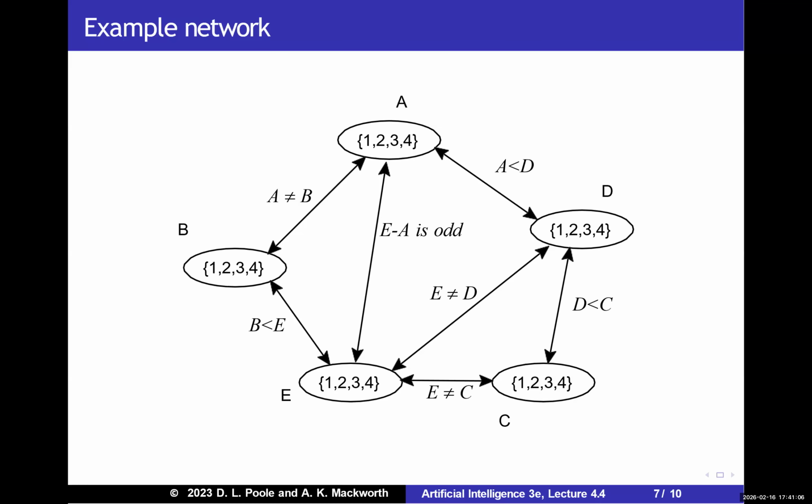And you see the domain of possible values being 1, 2, 3, and 4 for each node in this example. The constraints link variables and restrict which combinations are allowed. So you can see some of those constraints on there, like A cannot be equal to B, A must be less than D, and so on. These are some of the constraints.